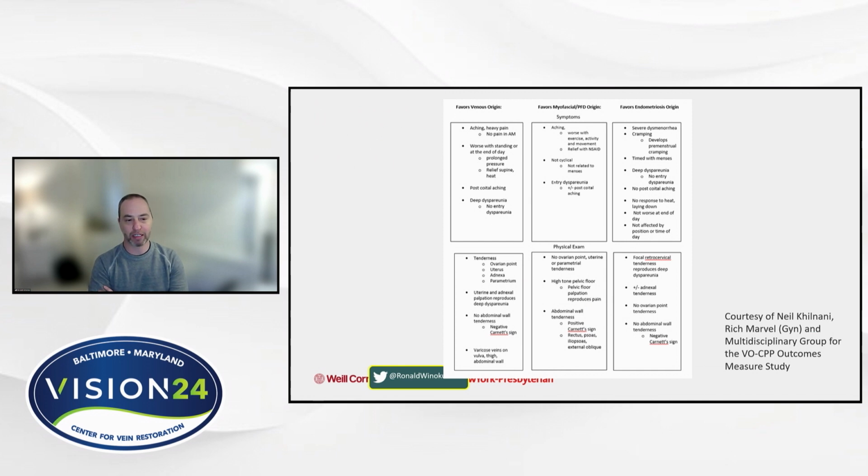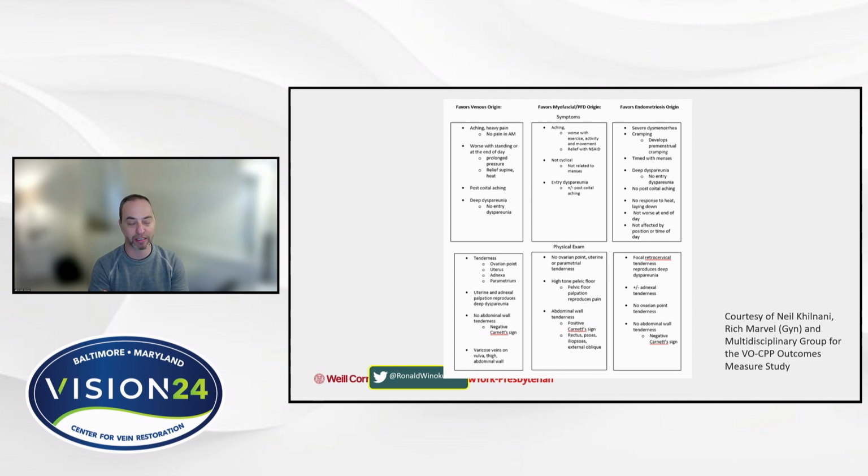When we look at how to identify venous origin pelvic pain, this is a slide from Neil Kilnani, who's actively performing a disease-related quality of life tool creation. So much like many of us know about in fibroid disease, venous origin chronic pelvic pain needs a disease-specific quality of life tool, and that's in current development.